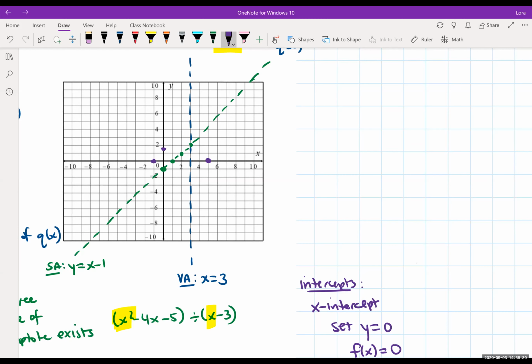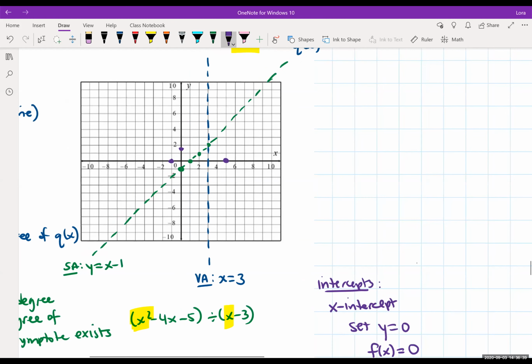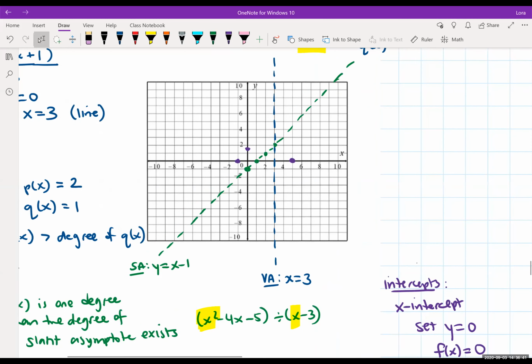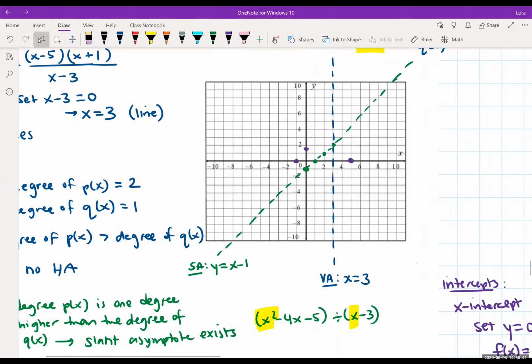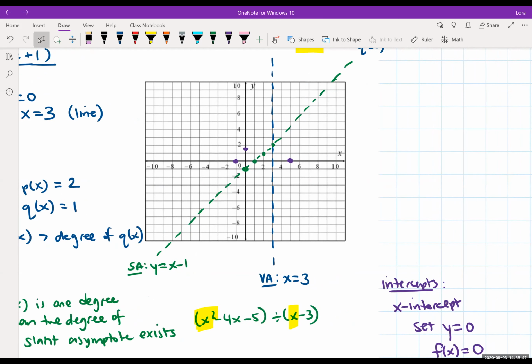Now at this point, if this were a class where we didn't allow you to use a graphing calculator, you would then want to go in and find a lot of y values that correspond to x values on each side of the asymptotes. So what I would have picked is I would maybe pick a few more x values along this x-axis to kind of get a general shape of the graph, as well as a little bit more x values along this side.